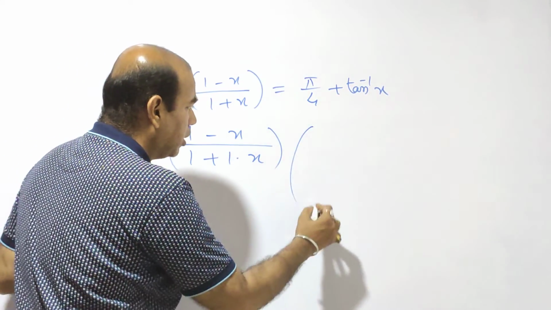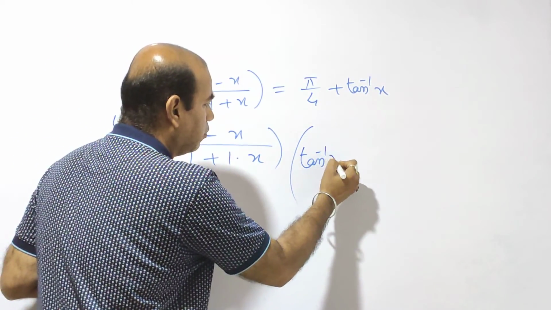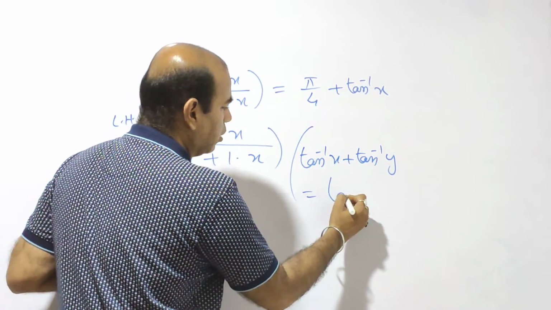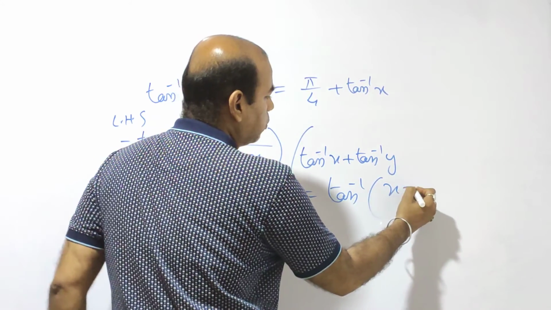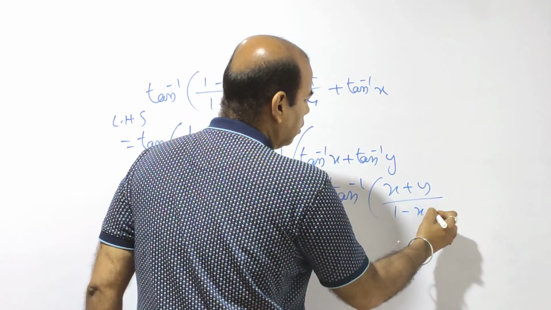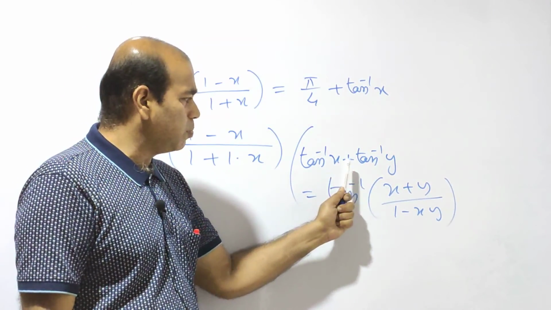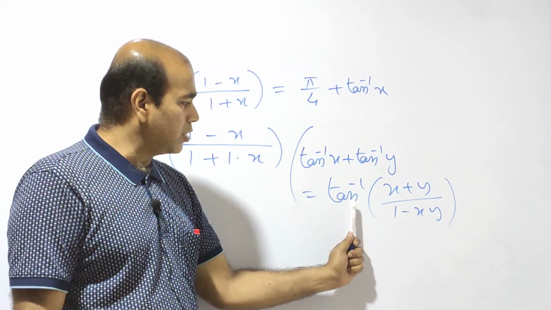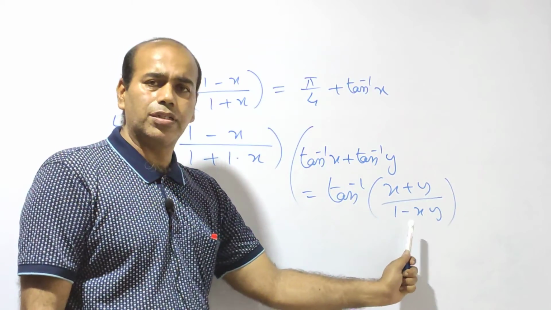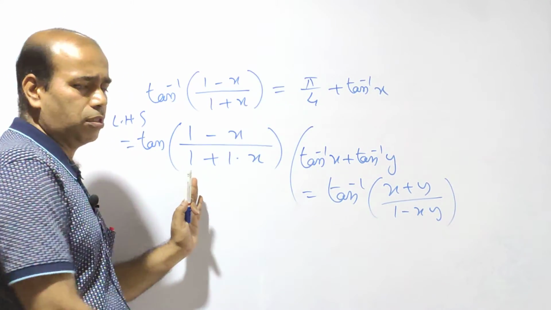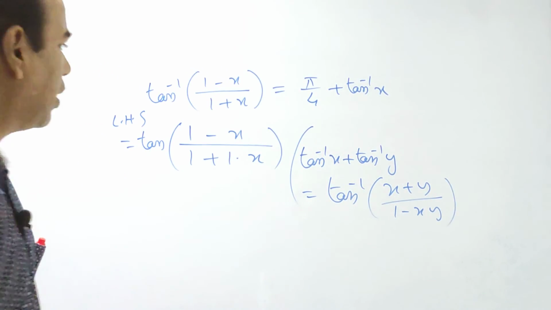I am putting this formula: tan inverse x plus tan inverse y can be written as tan inverse (x plus y by 1 minus xy). This only I will use for proving this question.